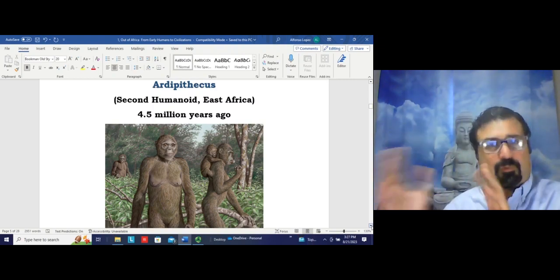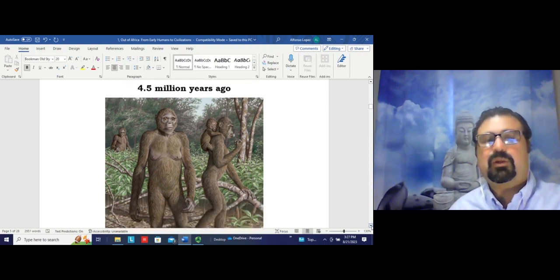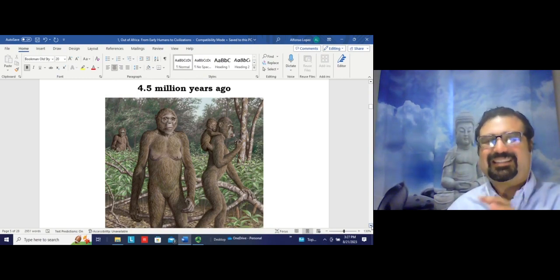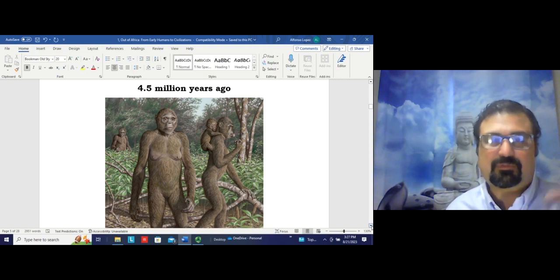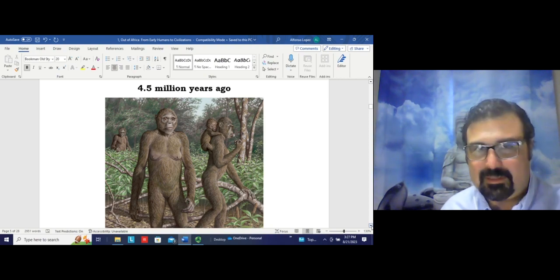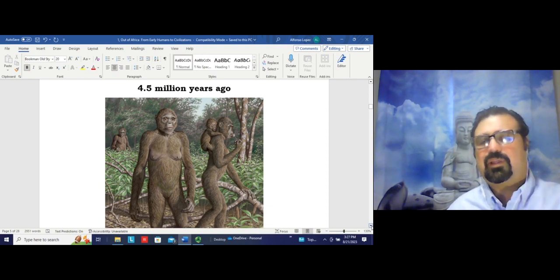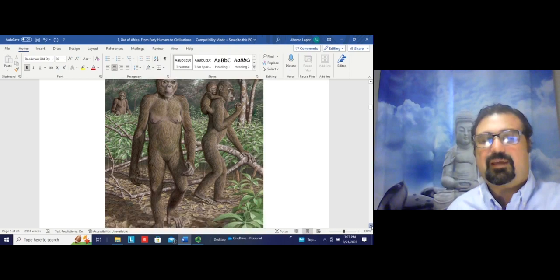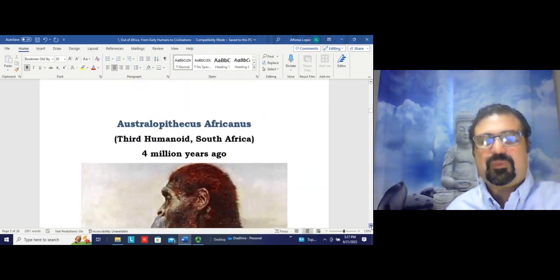This is a different kind of creature, a different kind of humanoid, of 4.5 million years ago. Okay, and this is more or less, in a reconstruction form using digital technology, how they looked back in that remote time.